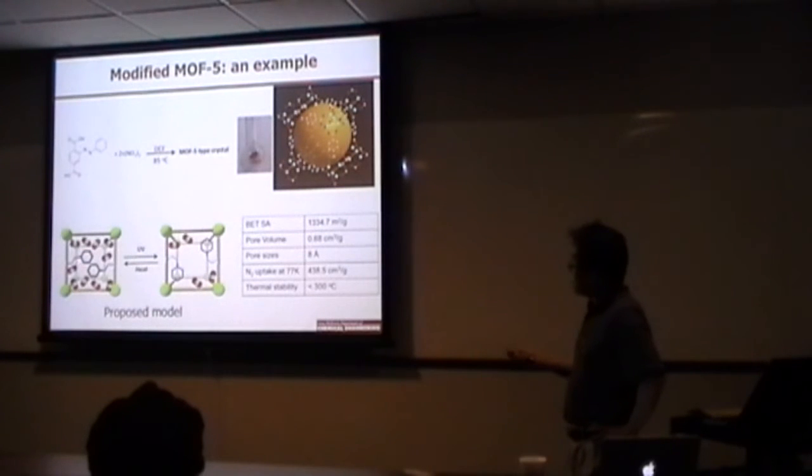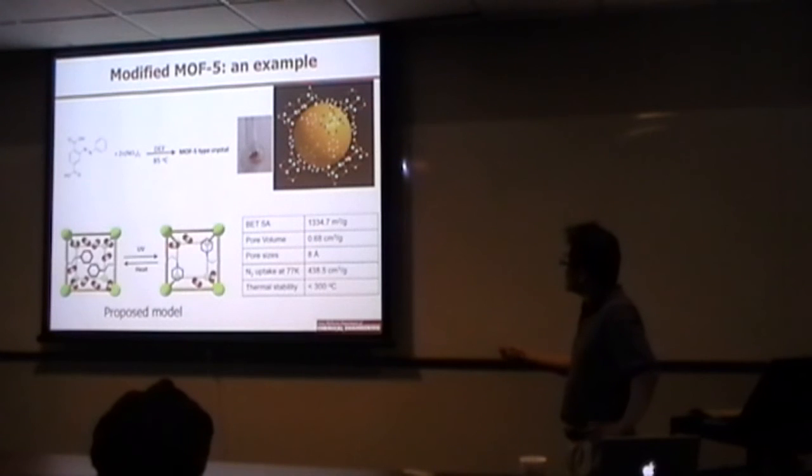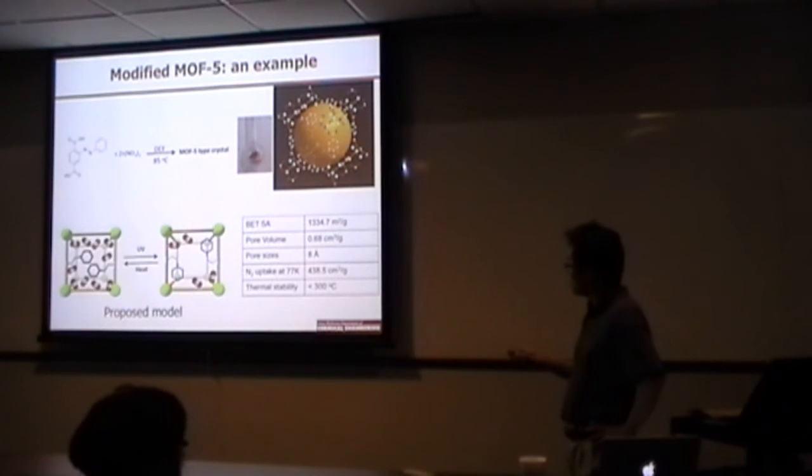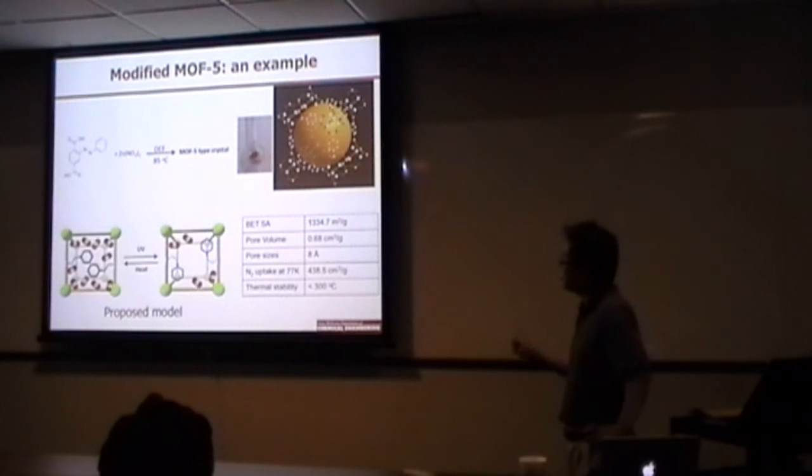If you apply UV, then this will go through the reaction that I have just shown you, like this. Then CO2, which was strongly interacting with this metal site, can no longer access these metal sites. So CO2 adsorption capacity will decrease, which means CO2 has to be released, desorbed.